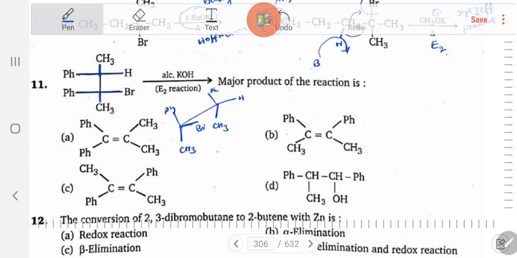Now for E2 elimination, the condition is that hydrogen and bromine must both be in anti-periplanar arrangement. That means both are anti to each other.